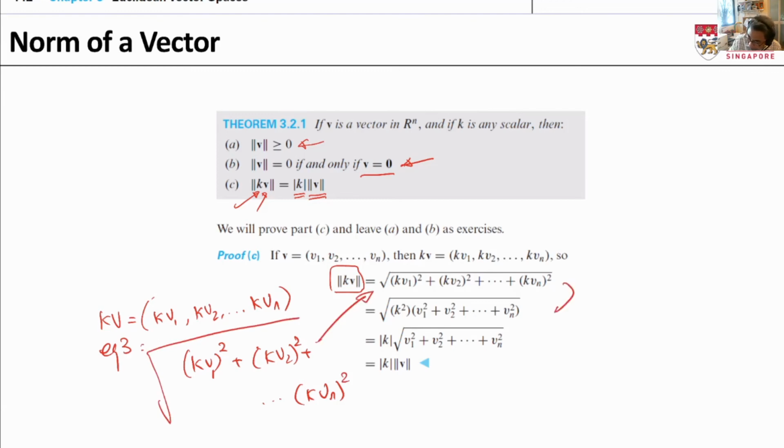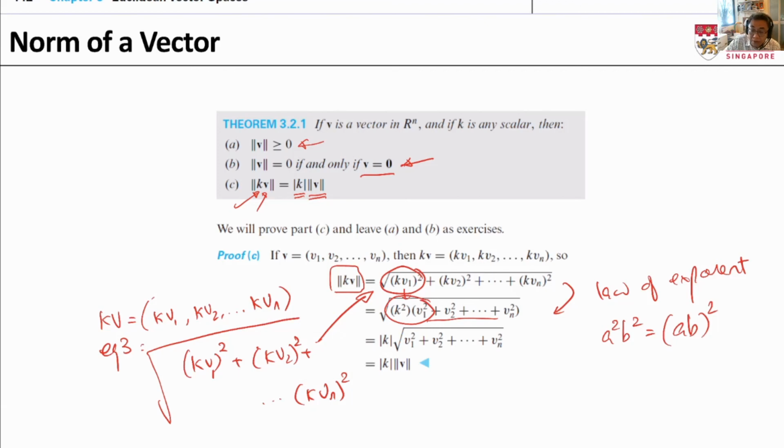Now, by the law of exponent, which we recognize as a square b square equals ab square, we convert each entry into its individual part, and then we distribute the addition of each of these vector element coordinates multiplied by k square.